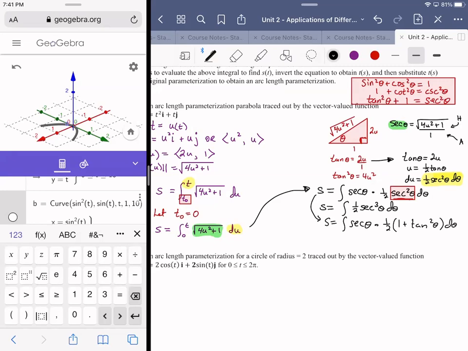So then we'll distribute. You can actually pull the 1/2 out of the whole thing if you want. I'm just going to leave it in for now. Except if I leave it in, I really got to leave it in, right? All right, so this whole thing is equivalent to the 1/2 secant cubed theta.